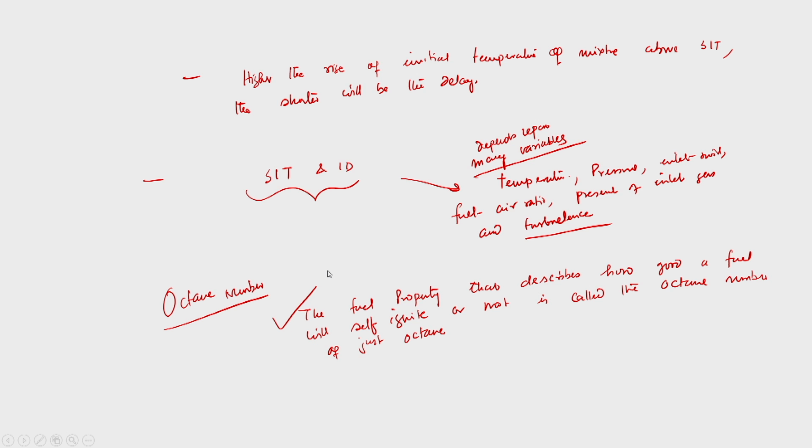The property that describes how good a fuel will self ignite or not is known as the octane number. So, this octane number is basically a numerical value, and we need to generate it.